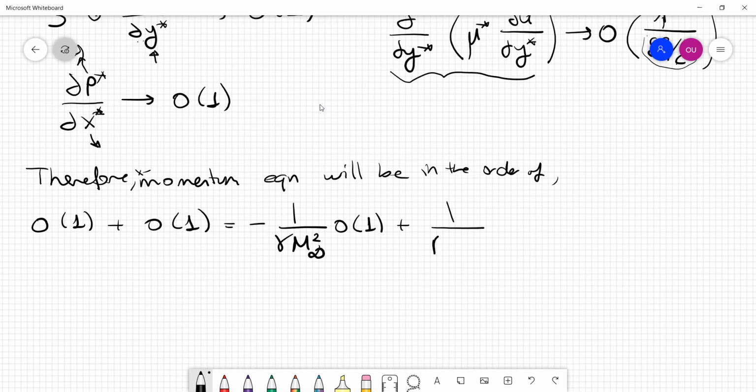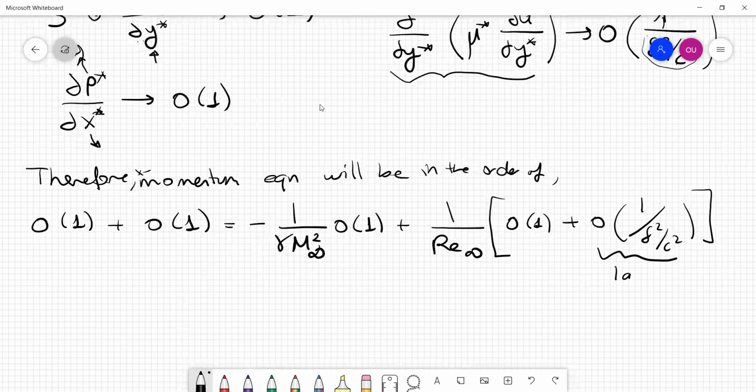We have 1 over Reynolds infinity multiplied by 2 terms. The first term is order of 1, but the second term is order of 1 over delta square over c square. This is quite a large number, a very high order of magnitude, much larger than 1. Compared to this, 1 is a small number.